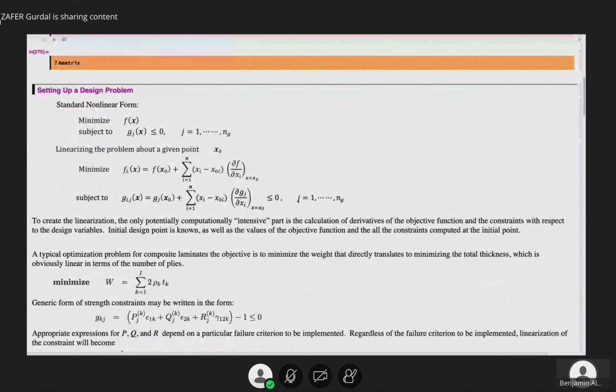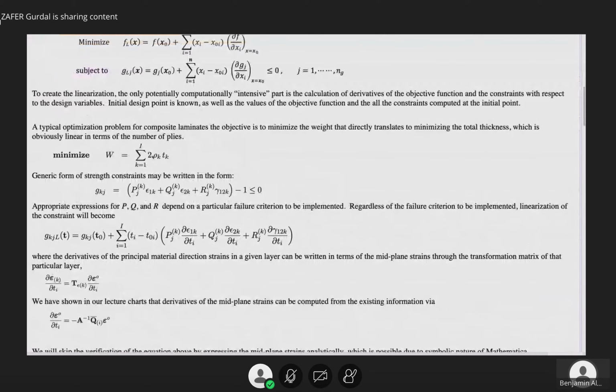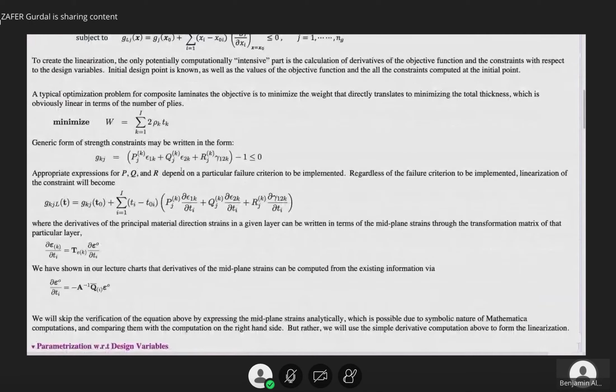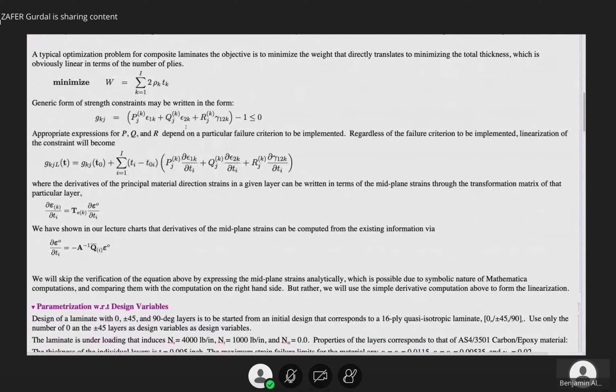We'll just have constraints in each ply, making sure that linearized constraints are going to be satisfied. So the linear objective function is just the summation of the thicknesses, and the constraints on the strains. Everything can be expressed from the strains.